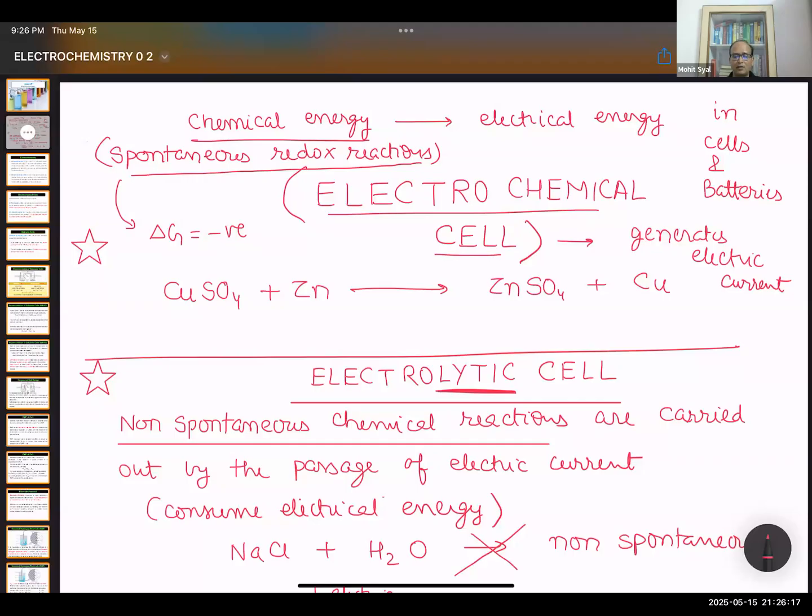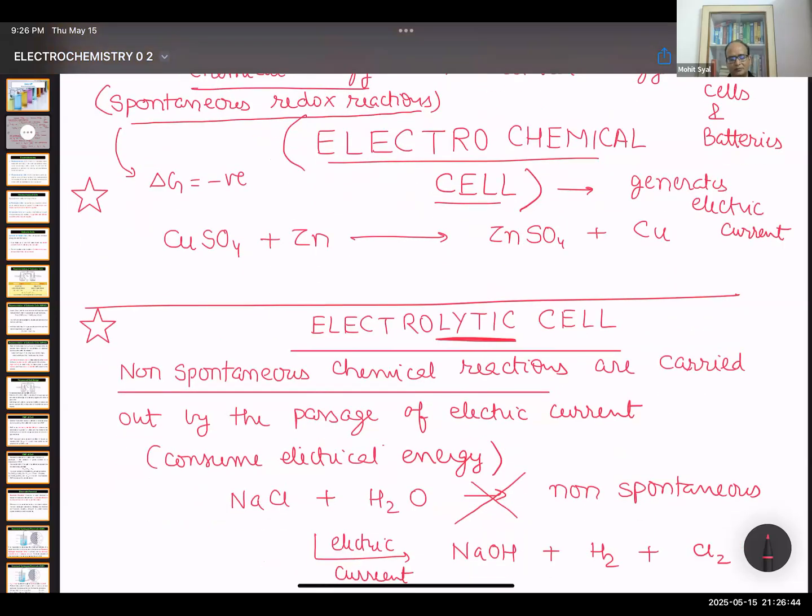Is it clear? Electrochemical cell. Can you give me some example of an electrochemical cell? The cells and batteries: dry cell, Daniell cell, which you are going to use or which you may have used in your physics laboratory. Okay, Daniell cell, have you used it? This is the Daniell cell in your physics lab in school. And the electrolytic cell is there in car batteries, rechargeable car batteries, because the car battery has both kinds of cell.